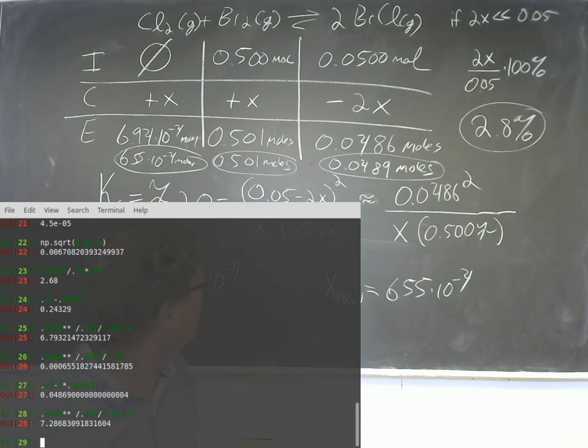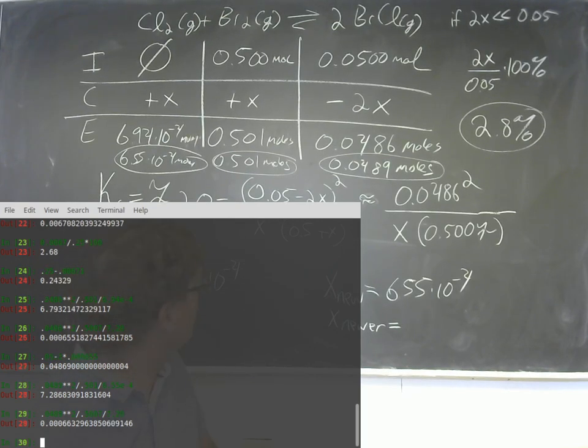Let's solve for x even newer. So we're going to say that x is equal to 0.0489 squared divided by 0.5007 divided by 7.20.